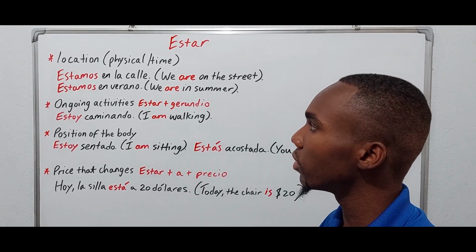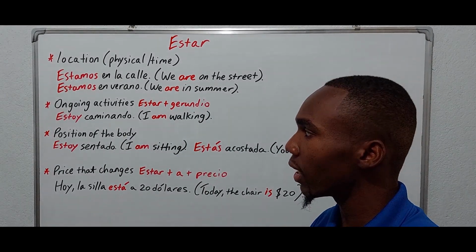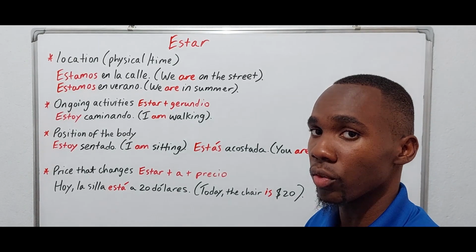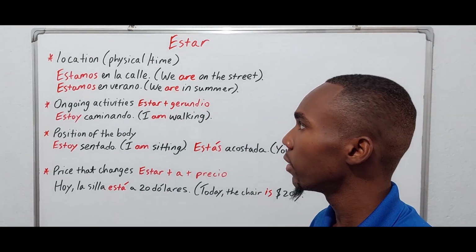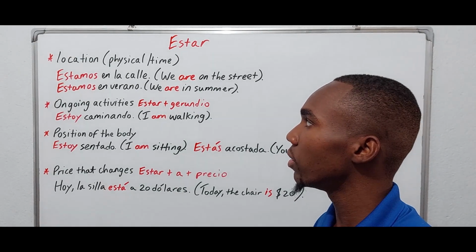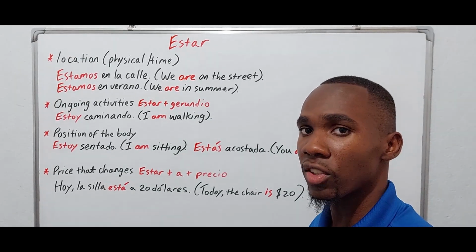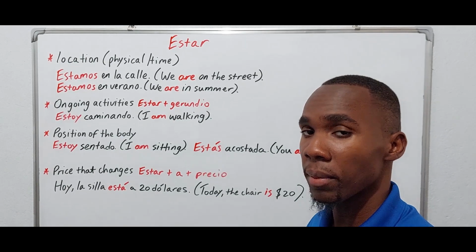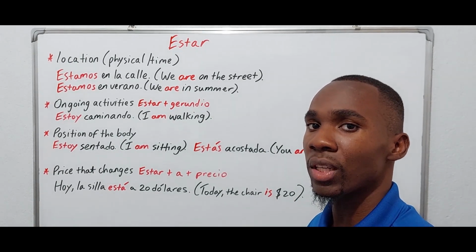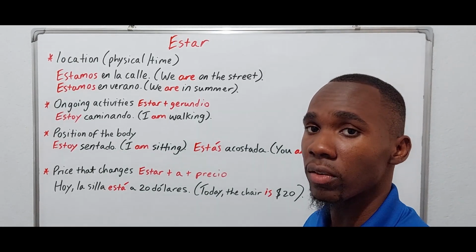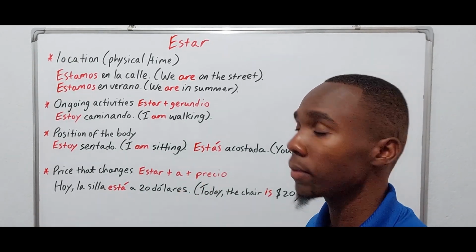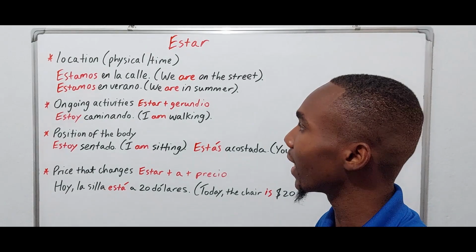So we move on to the final context in which estar is used, okay? Location, right? So when it comes to location, this relates to the physical location as well as time. Alright, remember, ser is used with location, but only for the location of an event. But location in general is going to be estar, okay? So, estamos en la calle.